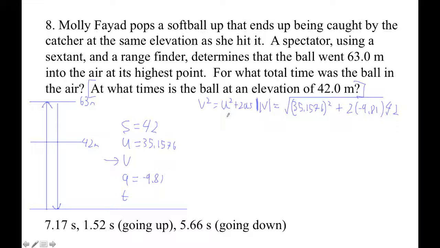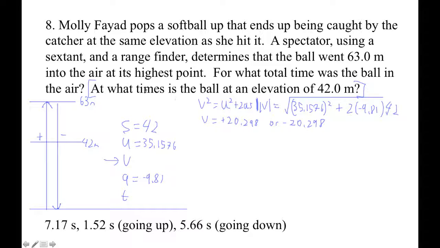So my final velocity v is equal to positive 20.298 or negative 20.298. Let me see if I did this correctly. Yes, I did. So what that means is that the positive value is on the way up, and the negative value is on the way down.